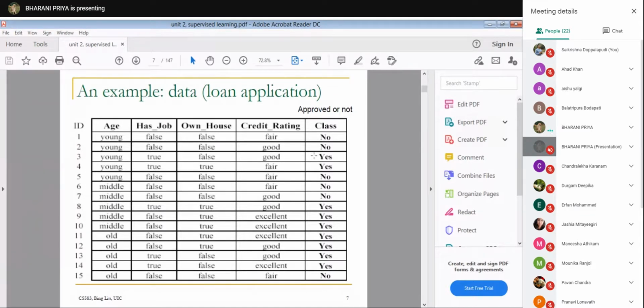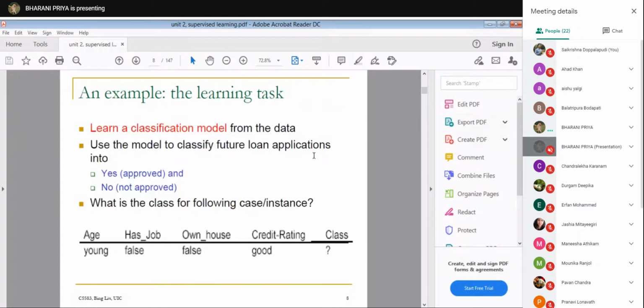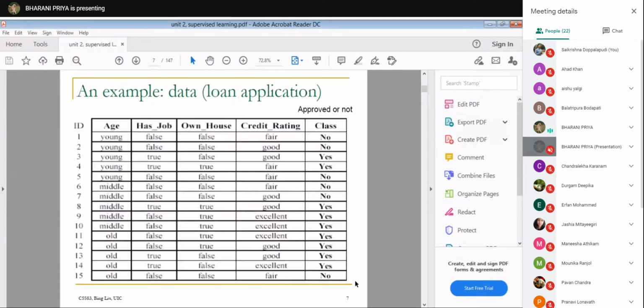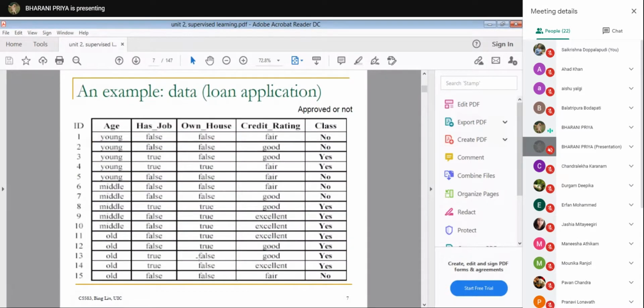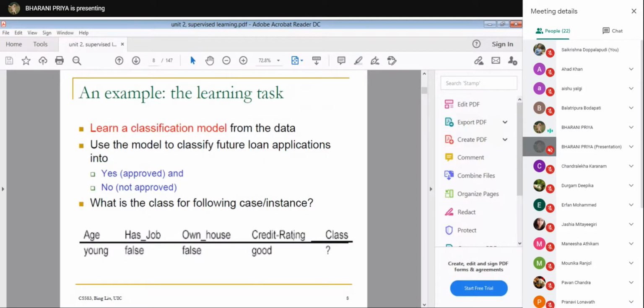Okay. So if I slightly change some of the values, a slight change which is not there in your data set, I have changed one of the values which is not there in the data set. Then what class value will you give?